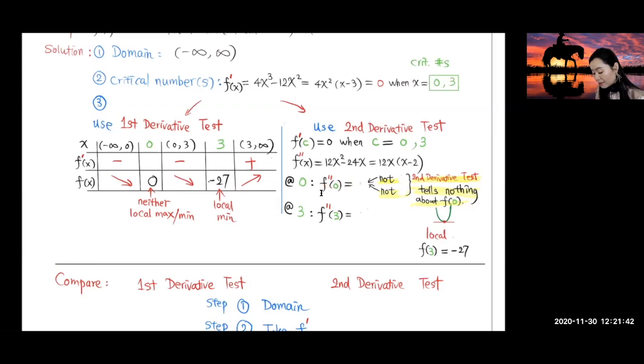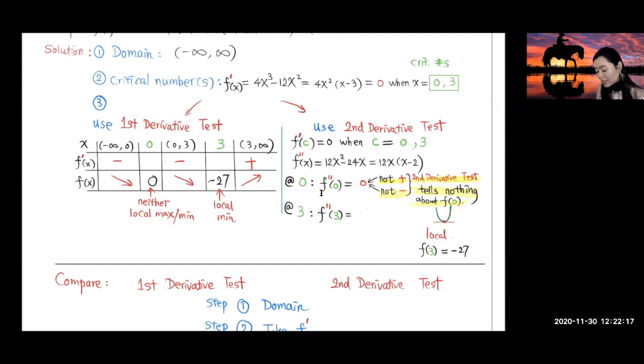At 0, I substitute 0 into x in the second derivative. It's neither positive nor negative. It's actually 0. You get the second derivative is 0, which is not positive and not negative. So the second derivative test tells you nothing about f of 0.